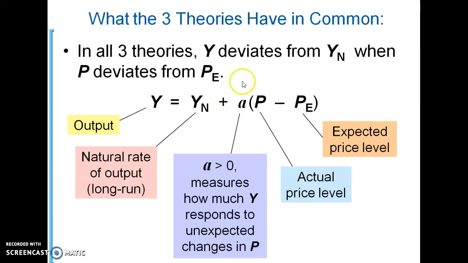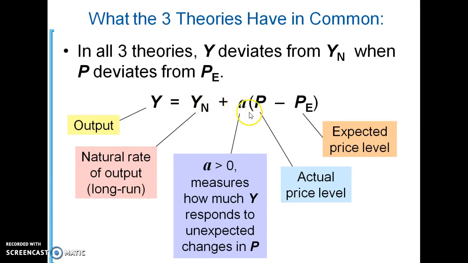And what this is showing you is that if, for example, price levels are higher than expected, there's an alpha coefficient that will add to your overall natural rate, and you can end up producing above your long-run potential for a very short period of time.